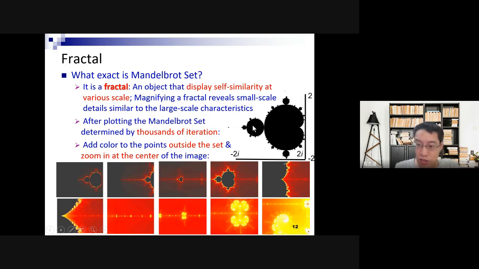This is actually just the pattern we see right over here, this tip. So this small pattern, if you zoom in, you will find out looks exactly the same as this large pattern. So we can observe the self similarity in different scales.